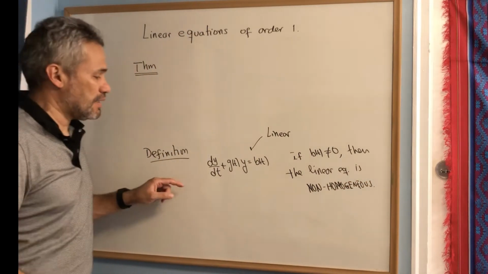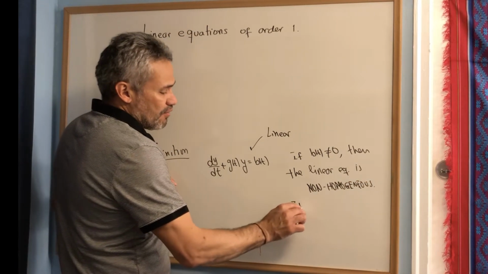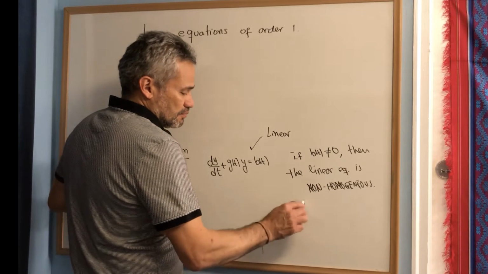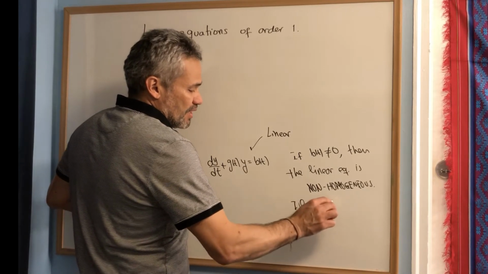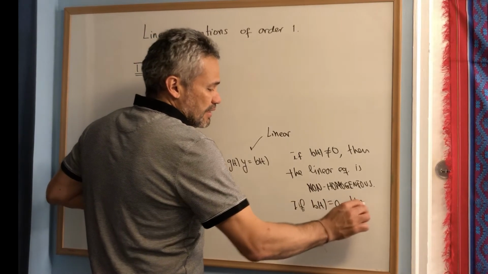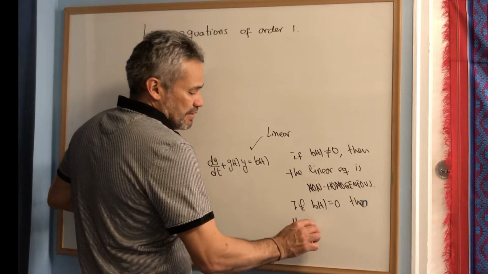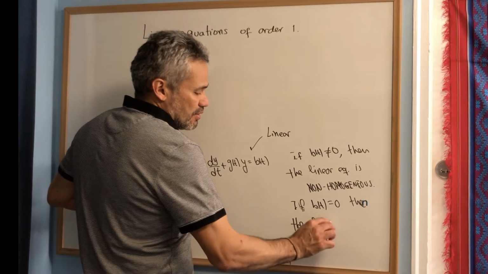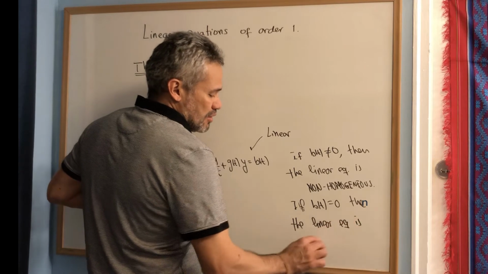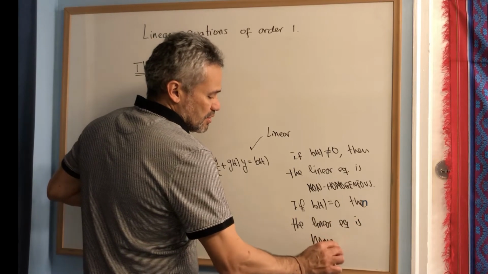And what happens if b of t is 0? Then the linear equation is homogeneous.